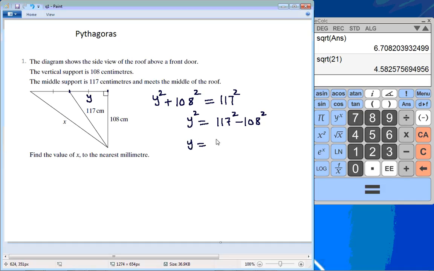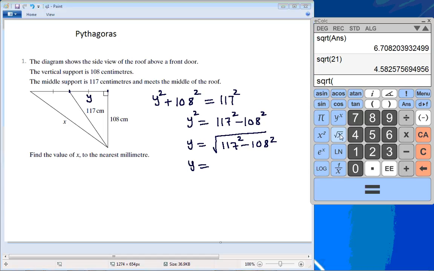So y is going to be the square root of 117 squared minus 108 squared. So we use the calculator here. Square root key, then bracket.